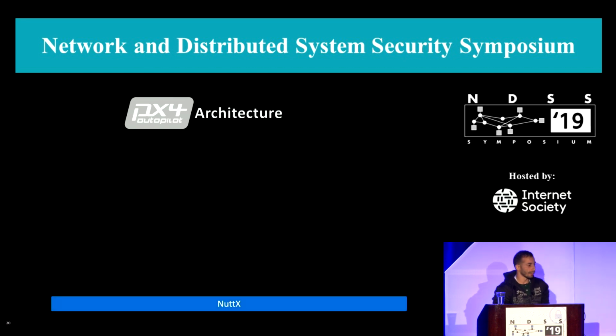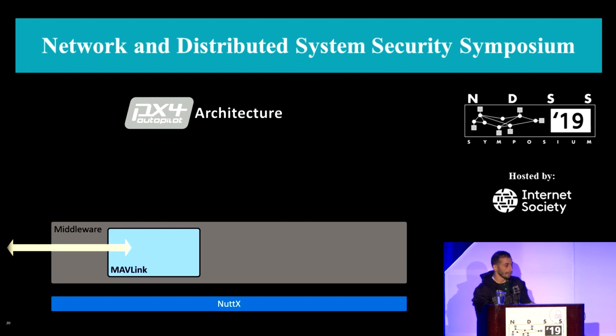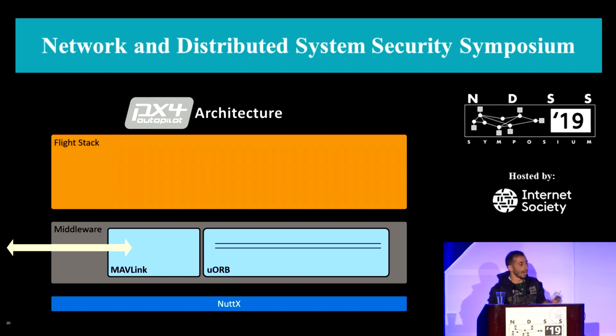On top of the operating system, we have the middleware, which is formed of two components in addition to other components that are not relevant to our implementation: the MAVLink protocol, which is responsible for the communication to the outside world, and the uORB, which is responsible for the communication between software modules inside the device using a so-called publisher-subscriber design. And the flight stack, which is responsible for controlling the drone.